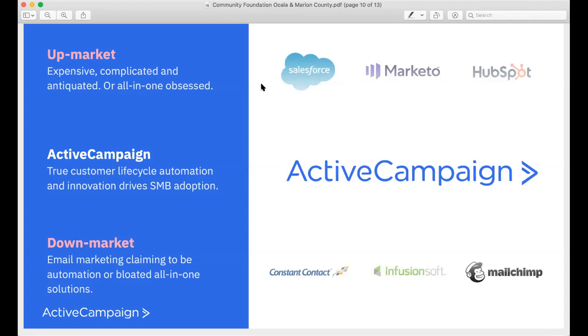So what I mean by that is, we make it very easy technically to integrate other tools with our solution.